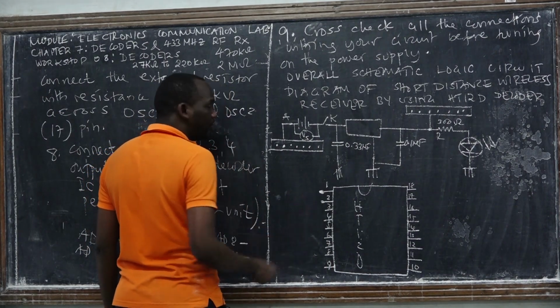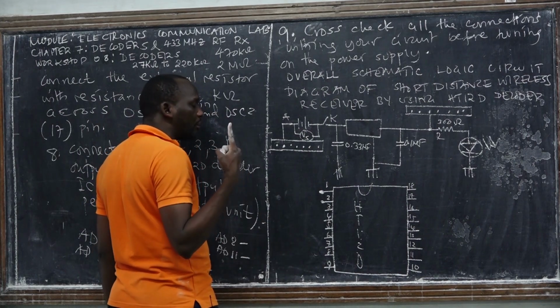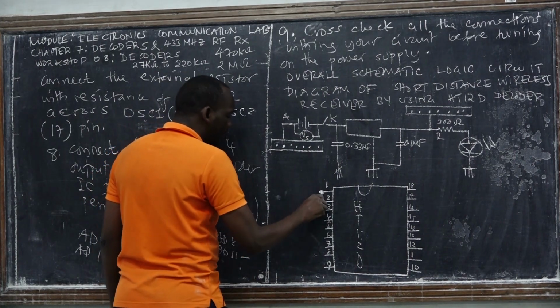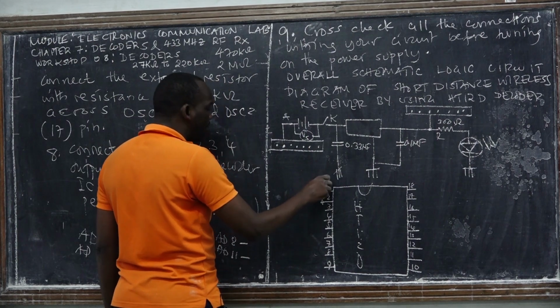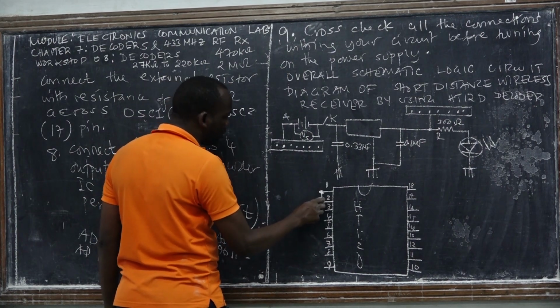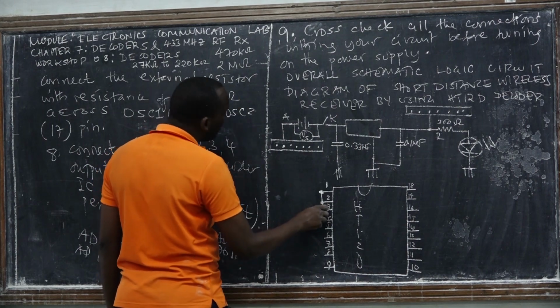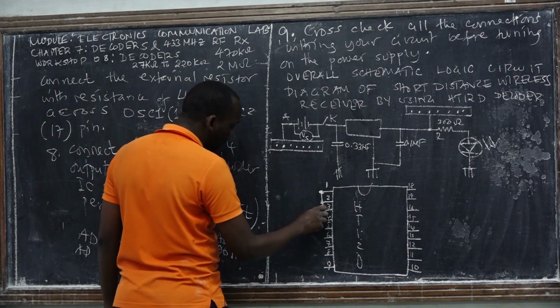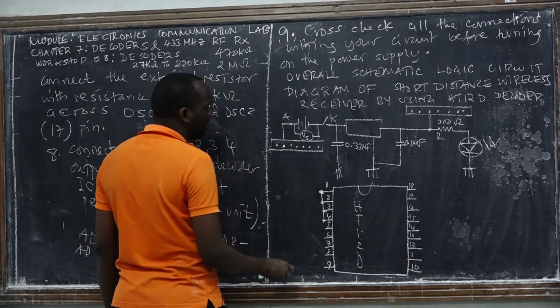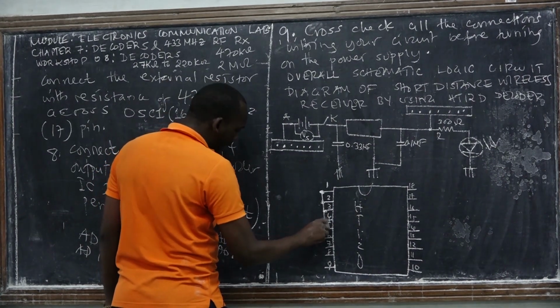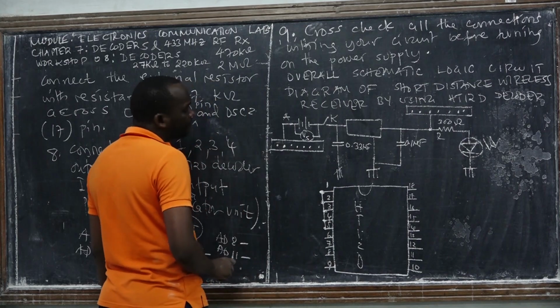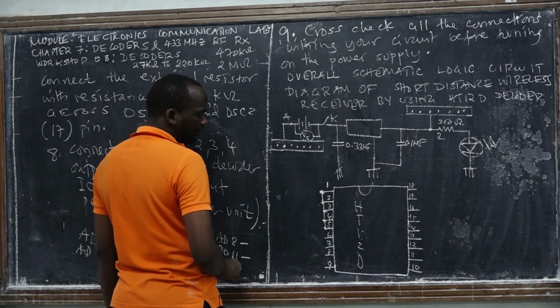Okay, so if you are building this circuit on the breadboard, you'll be using one jumper to connect pin number 1 and pin number 2, A0 to A1. Then one jumper to connect A1 to A2, and one jumper to connect A3 to A4.